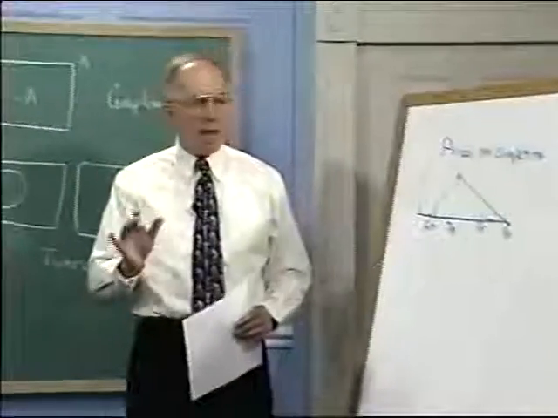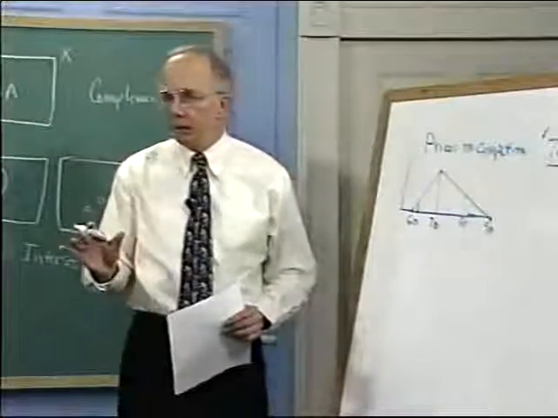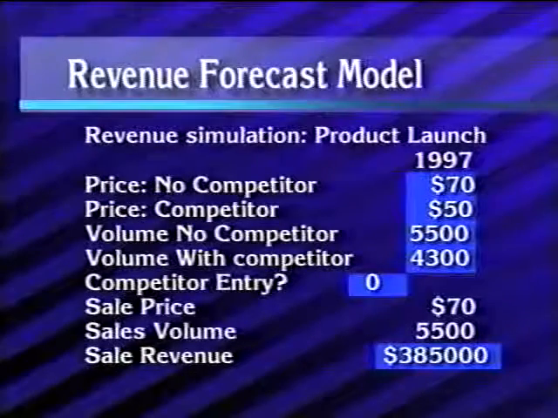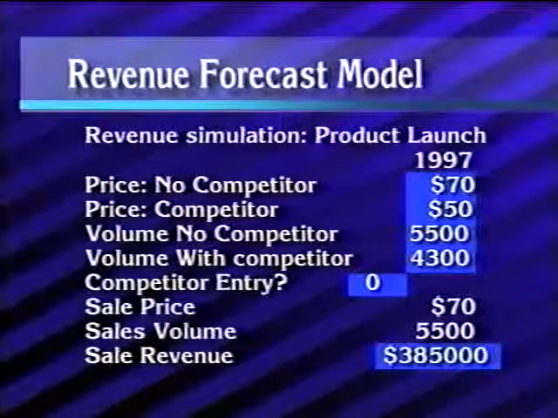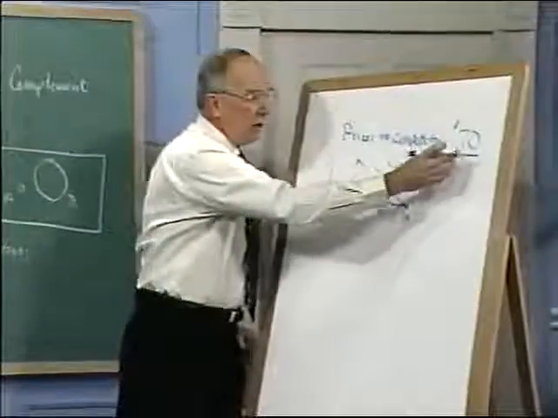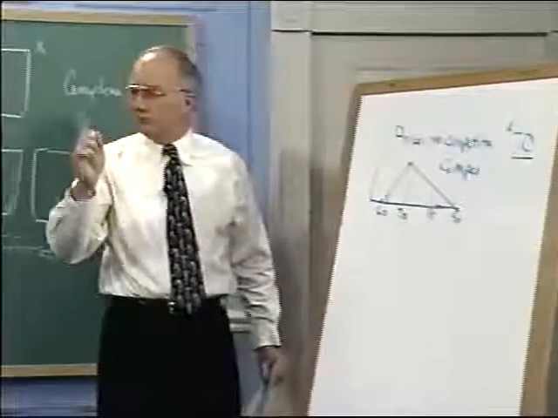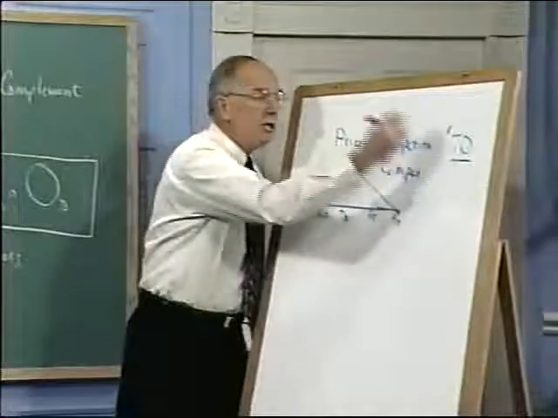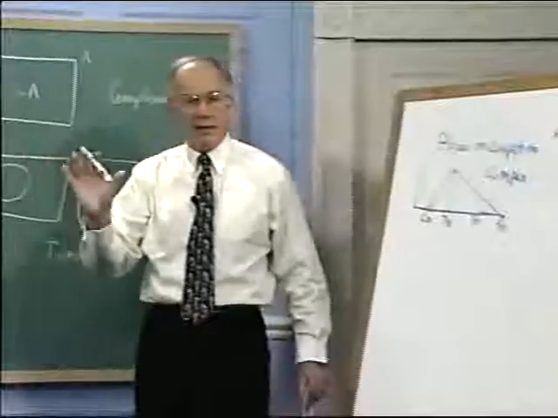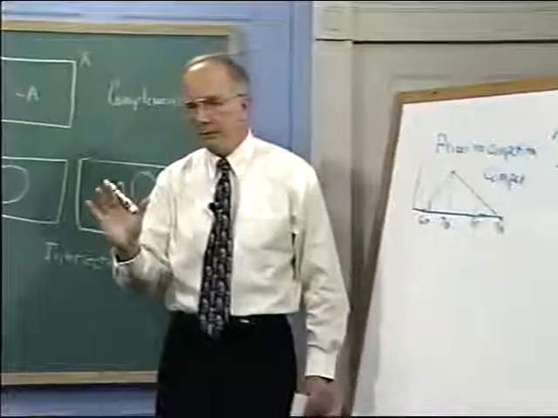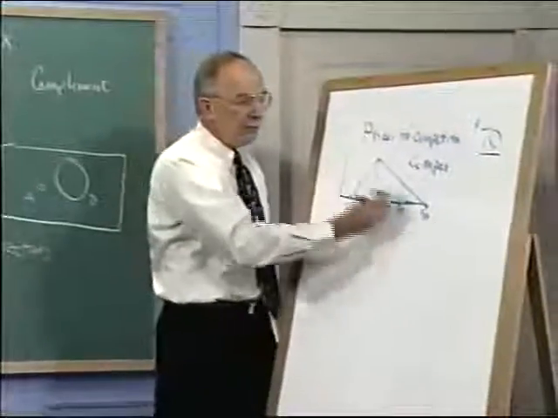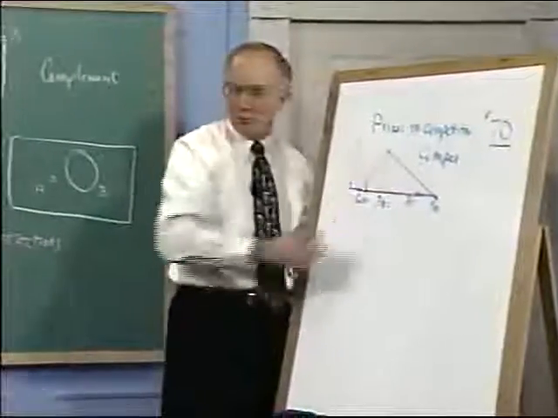But this is one of the assumptions that will come into my model. What revenue will I be able to sustain in the marketplace given no competitor? Notice in the model also there is price with a competitor. Now, this 70 number just happens for this one time to return the most likely value. Every time that I would recalculate this spreadsheet, another number would come in here which would be driven by this distribution.